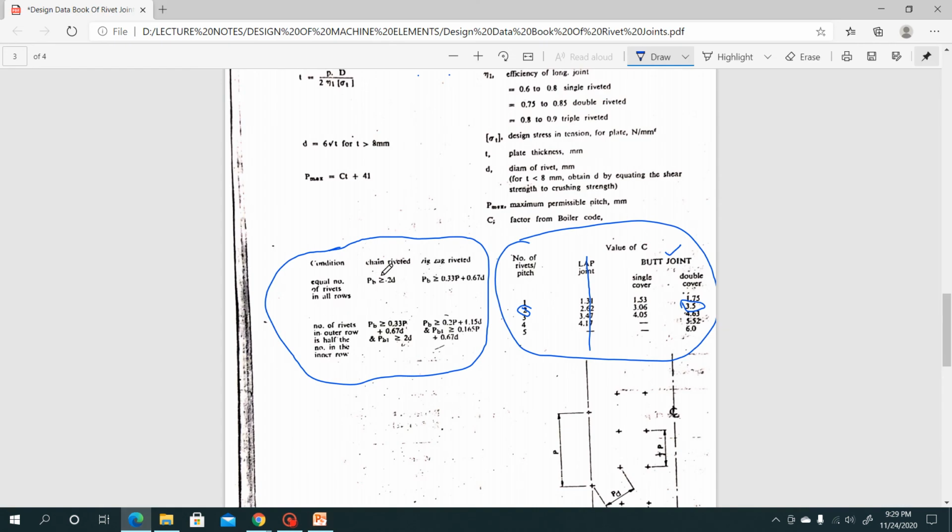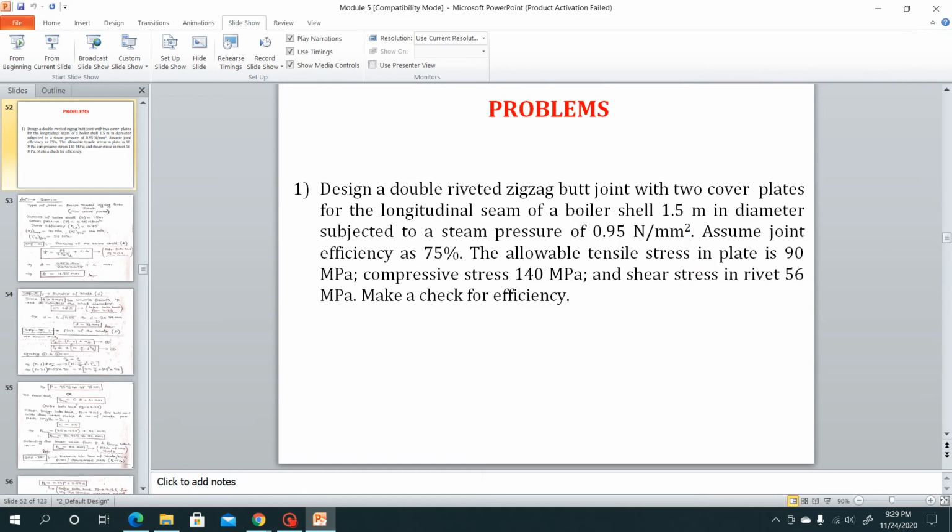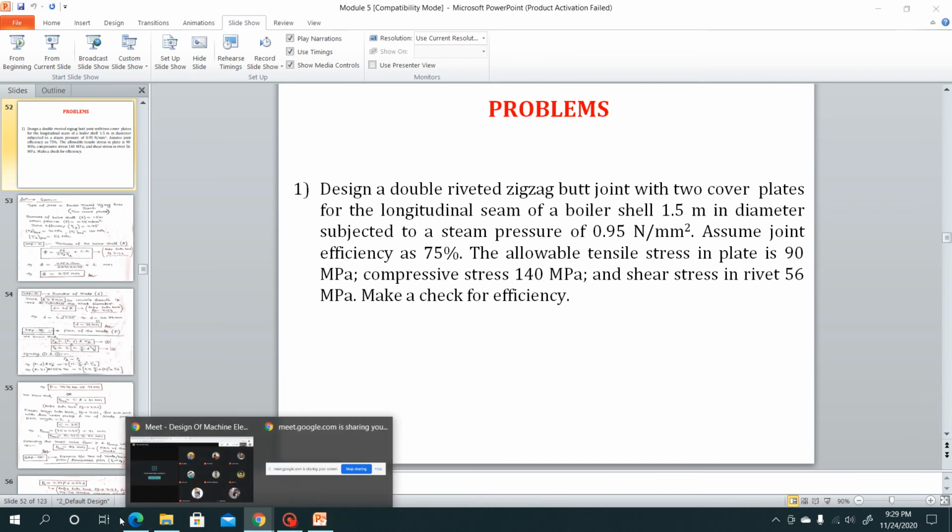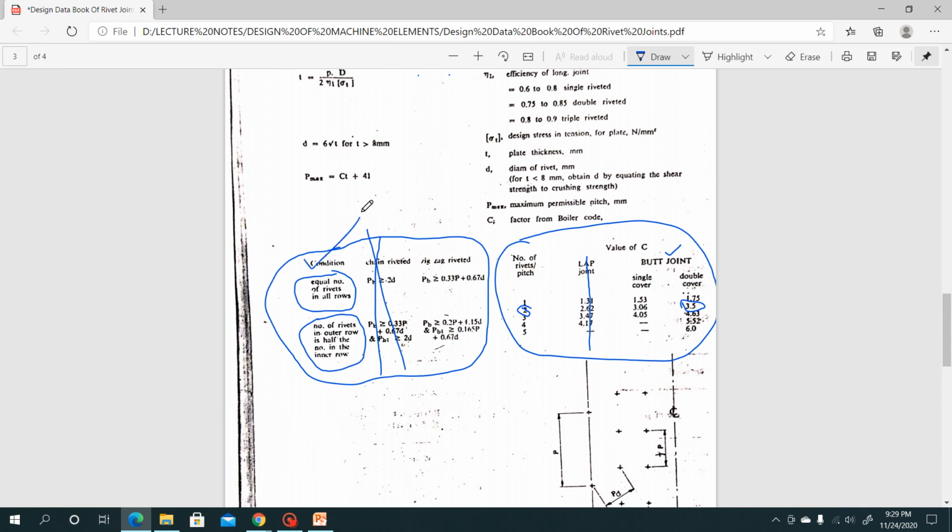So I have to eliminate this particular table. Next, we have to check whether it is the case of an equal number of rivets in all rows, or the number of rivets in the outer row is half the number in the inner row. In the problem, nothing is told about this condition. If no information is given for the condition, then I always assume the first condition for simplicity, that is, an equal number of rivets in all rows for zigzag joint.